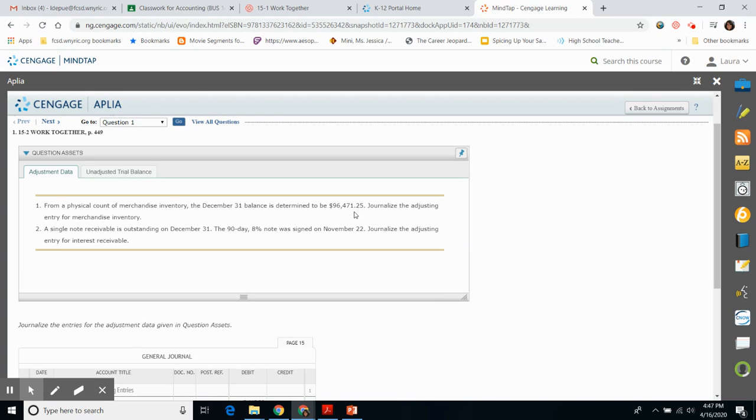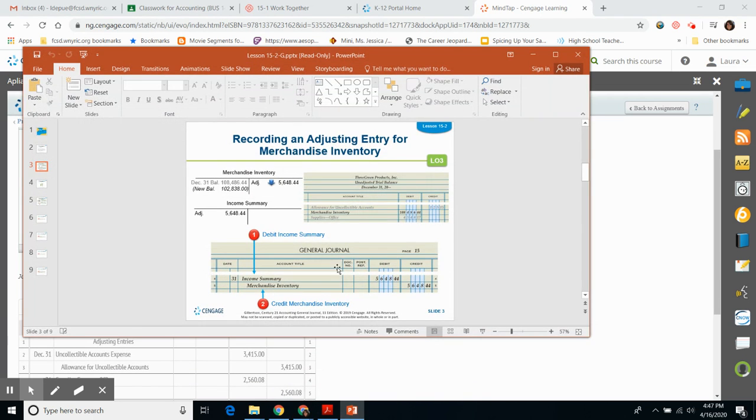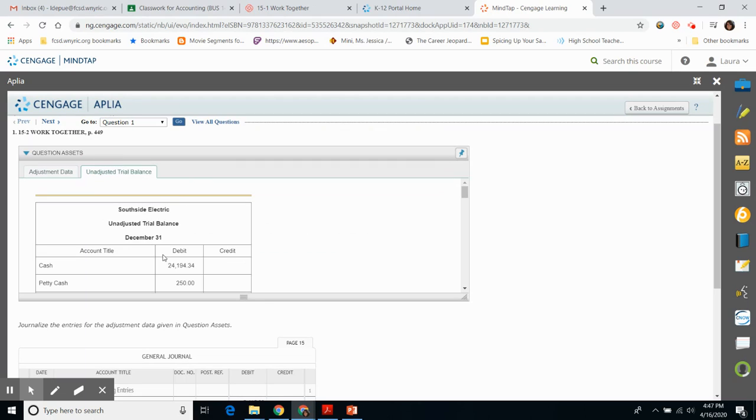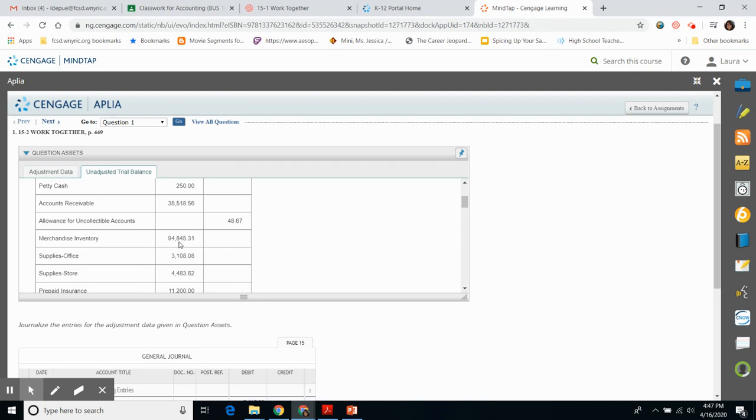So instead of a negative number, like I explained with the journalizing, we're going to reverse the debits and credits. So instead of income summary being the debit and merchandise inventory being the credit, we now have to reverse it. So merchandise inventory will be the debit, income summary will be the credit, because we have an ending balance that was more than our unadjusted trial balance.